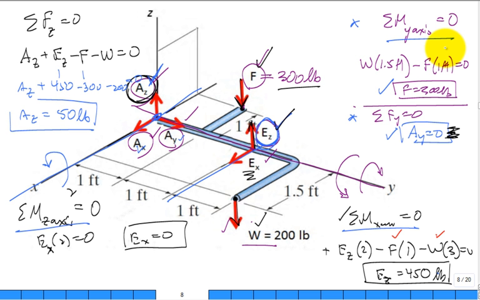So we used the sum of the forces in the Y, sum of the forces in the Z. We'll use the sum of the forces in the X equal to 0. And we conclude that AX is equal to 0. Do you agree? Very good. Ready to press forward?